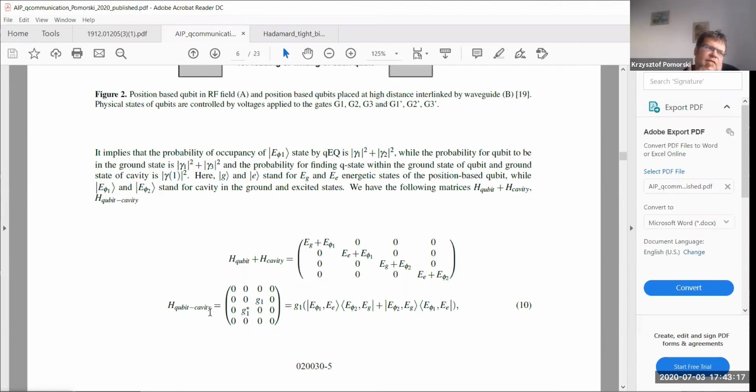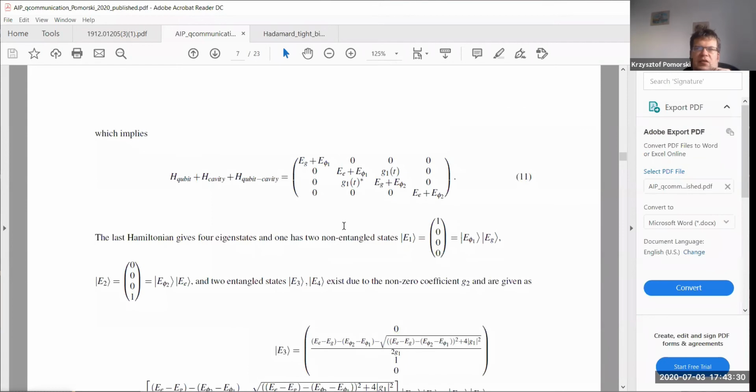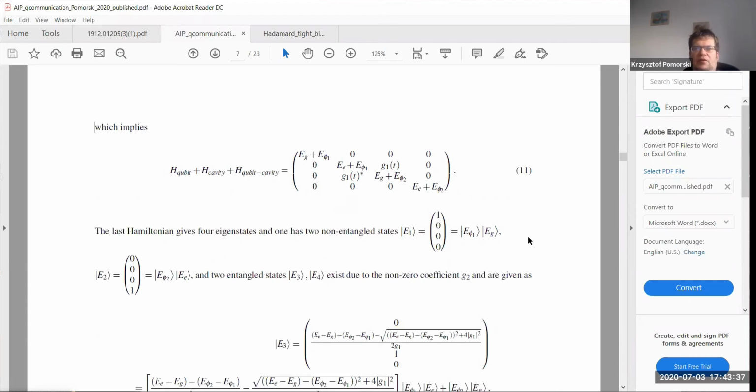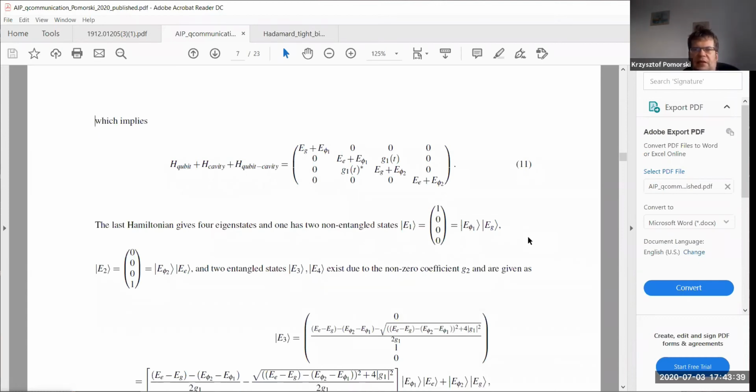You can intensify the electric field, or you can try to place the qubit as much in the center of the cavity as possible. However, it brings another type of complications. So that's the total Hamiltonian, number 11. You see this Hamiltonian, and now you need to find its eigenenergies.